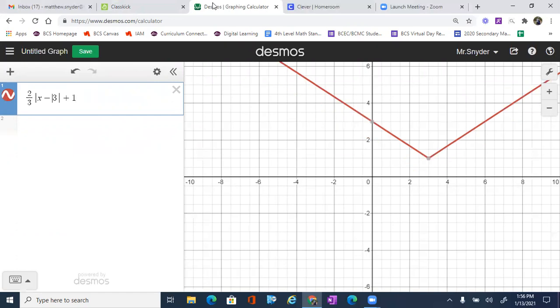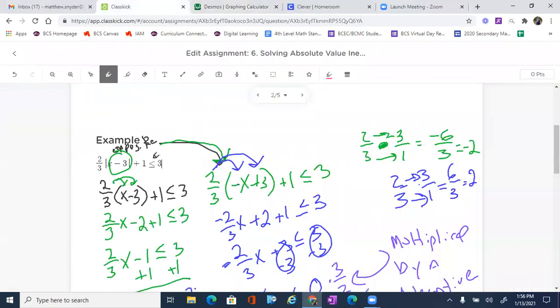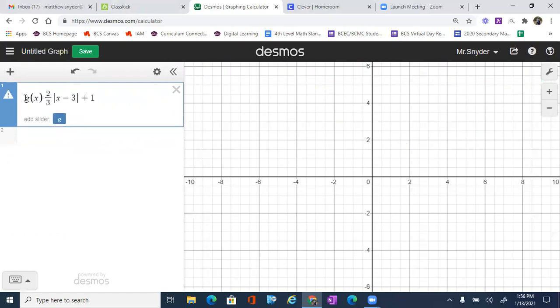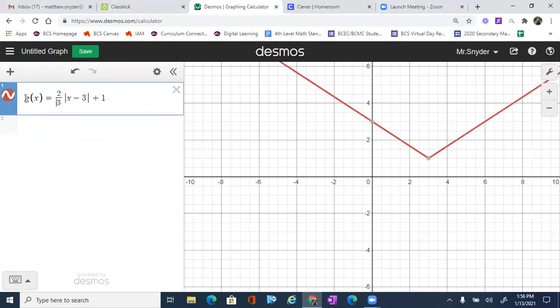And what we want is for it to be less than 3. So I'm going to name this g of x equals, and we want this g of x to be less than or equal to 3.